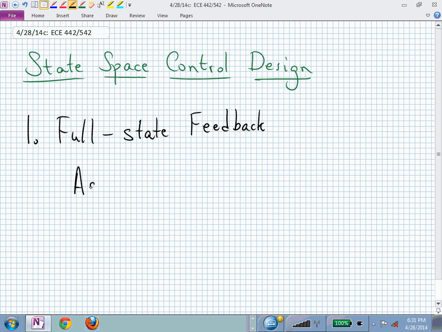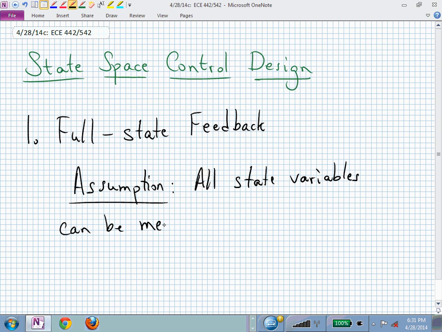So here is our assumption to begin with. If we say design a full state feedback control, then we are assuming the following. We're making this assumption: all of our state variables can be measured or sensed. We have access to all of our state variables.